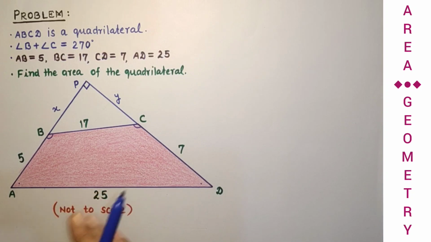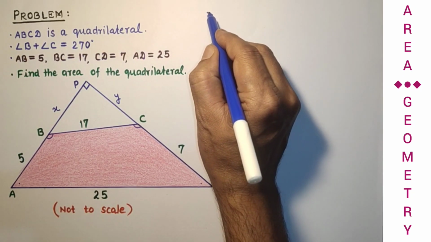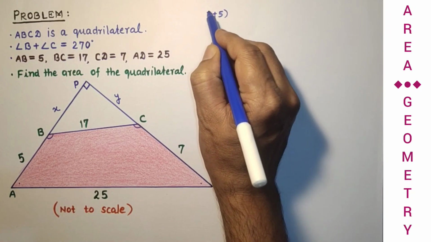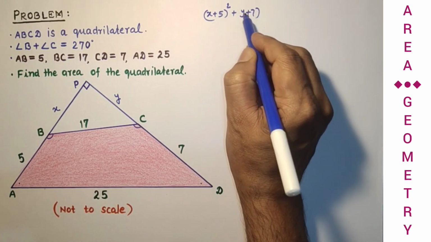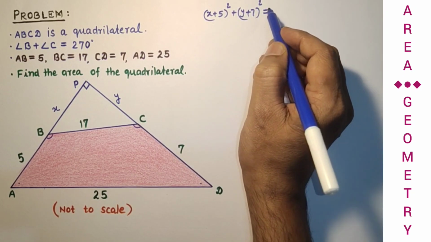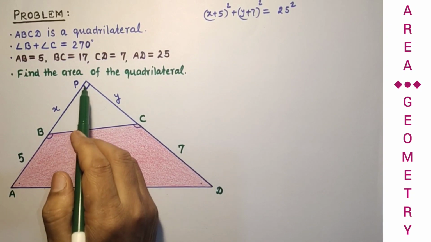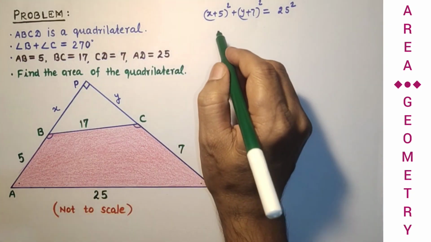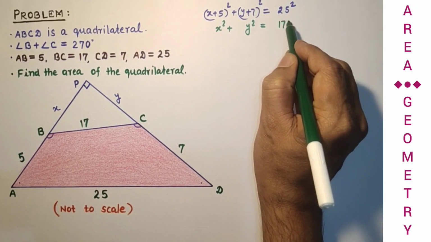We will get an equation considering the bigger triangle: PA square plus PD square is AD square, that PA is x plus 5, so x plus 5 the whole square plus y plus 7 the whole square is equal to 25 square. And from this triangle, x square plus y square is equal to 17 square.